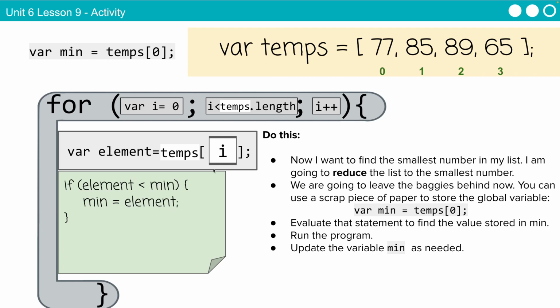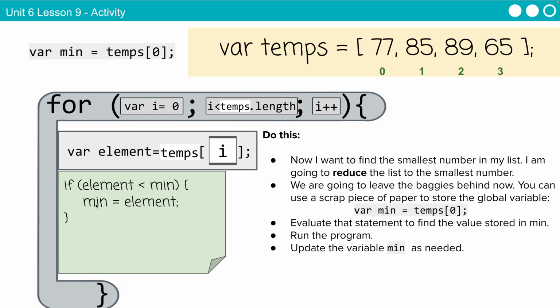Last but not least, our i is now worth 3. temps[3] is 65. Is 65 less than 77? So here's our element, that's 65. Our min has a current value of 77 on it. Is 65 less than 77? Yes, you bet it is.